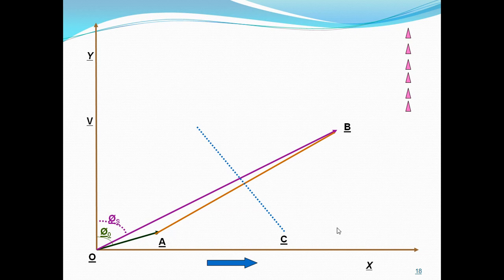So just now I told how to bisect a line AB. You take the compass and take the radius as more than half of the line AB, and take A as center and draw arcs on both sides of the line AB.